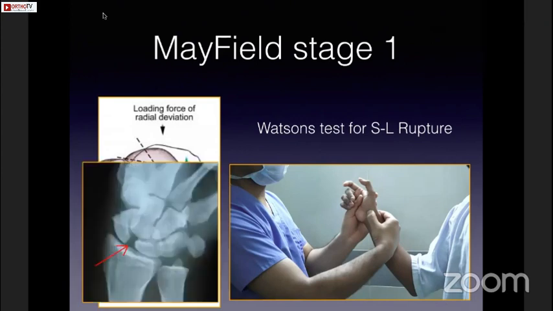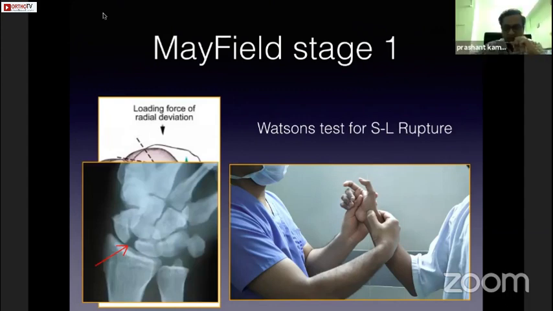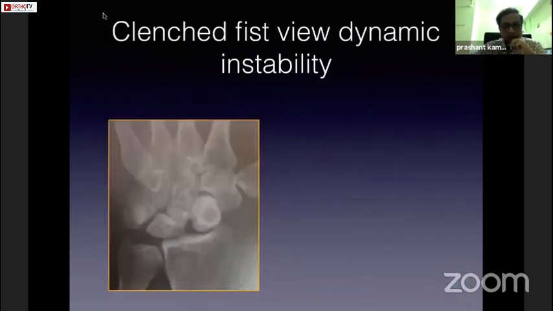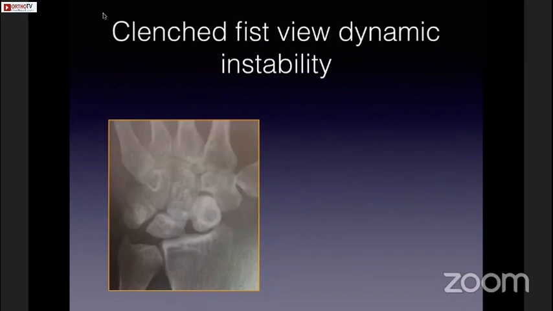How does it look on X-ray? There is a widening of the space between the scaphoid and lunate. This space increase can be termed the Terry-Thomas sign, named after the British comedian. But this is not always present. You may have to provoke it when you have a high index of suspicion that the scapholunate is ruptured, and you can ask for the dynamic clenched fist view.